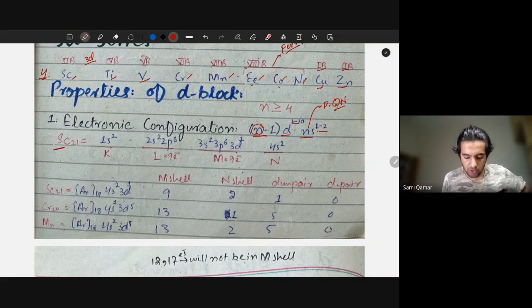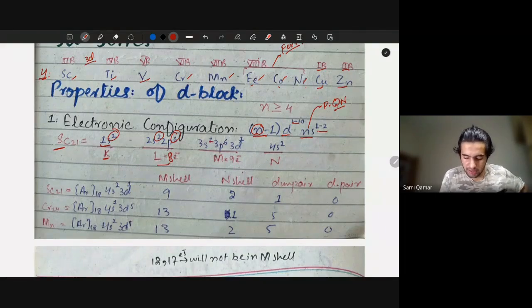We are doing it for scandium. So scandium would be 1s2, that will lie in the K shell because the K shell can accommodate 2 electrons. Then the L shell is having 2 electrons and 6 electrons here. Why am I writing 9 electrons? It can just accommodate 8 electrons. Now after 8 electrons, we are having this M shell. The M shell is having how many electrons? 2, 6, and 1. Now, what I was about to teach you is n minus 1.